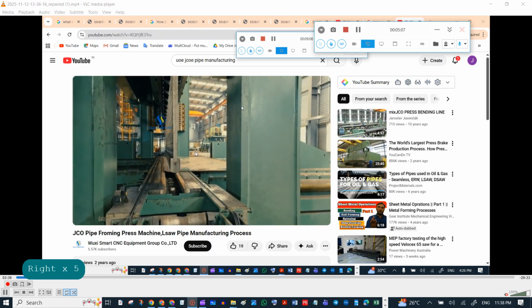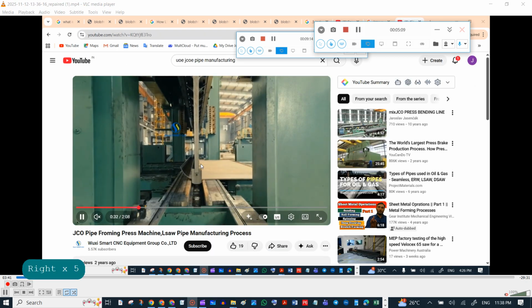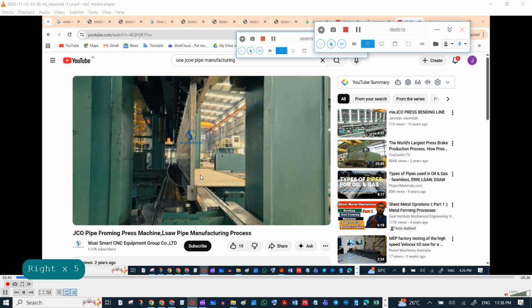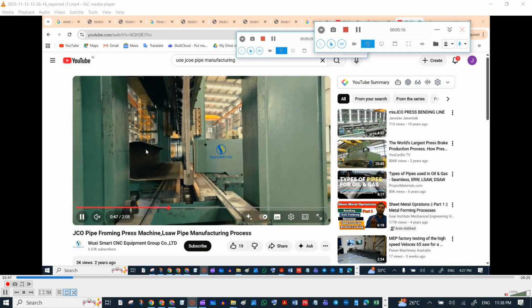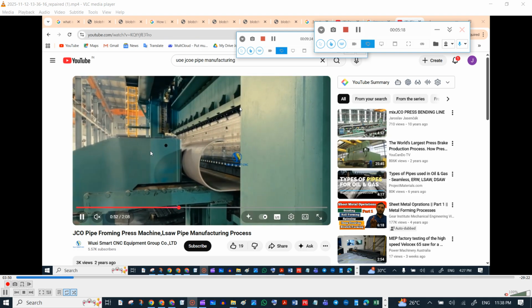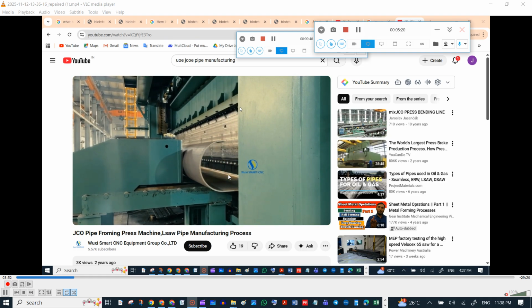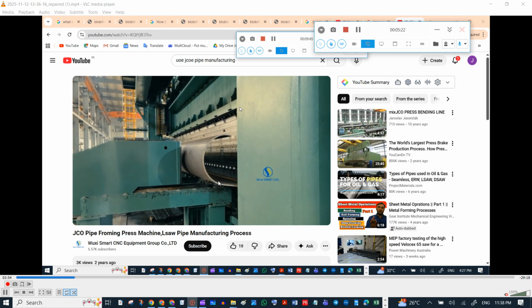Here is the manufacturing process: J-ing, C-ing, like that. First is J-ing. This is the J-ing. After that it is C-ing, and O-ing is there.